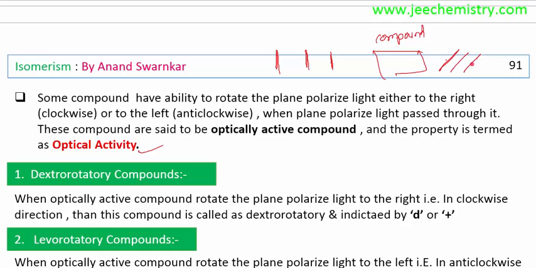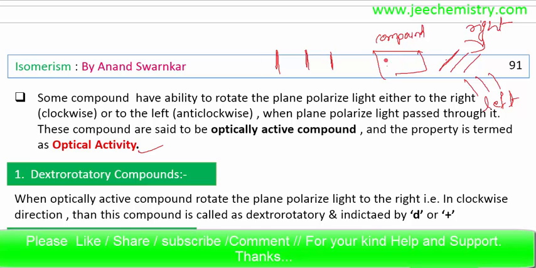This is rotating to the right, or to the left. When plane polarized light passes through these compounds, they are known as optically active compounds, and the property is known as optical activity.